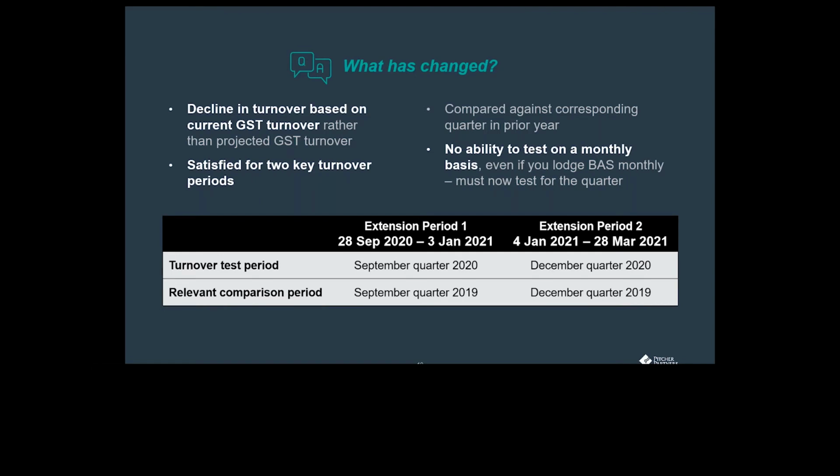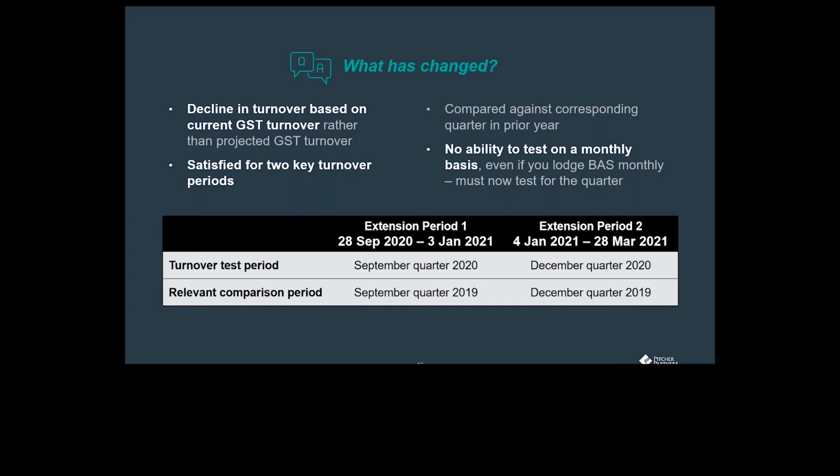So what has changed between 1.0 and 2.0? The first important change is that the decline in turnover test is now based solely on current GST turnover rather than projected GST turnover.